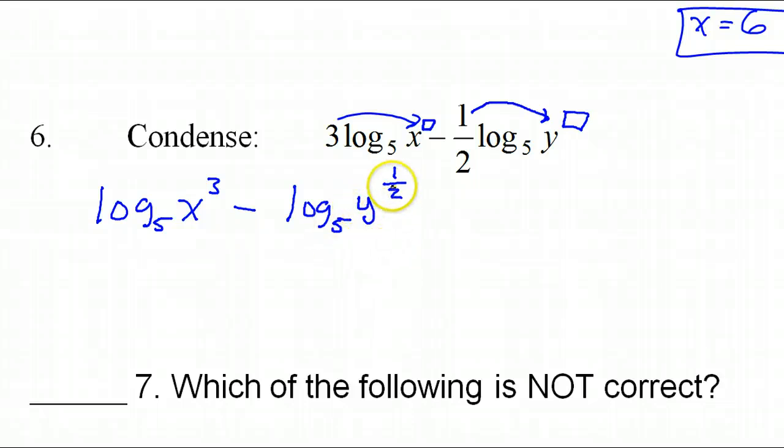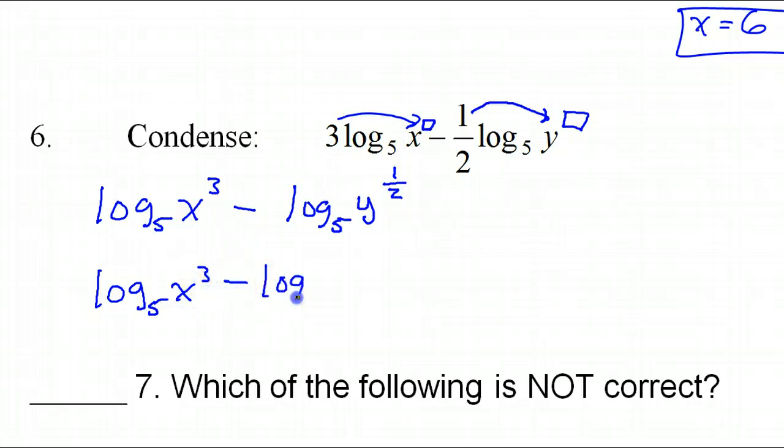Now please understand that 1/2 power is the same thing as the square root. We were to have memorized that. 1/2 power is the square root. Now, when you are subtracting logs, when they condense, subtraction becomes division, as we saw a moment ago.